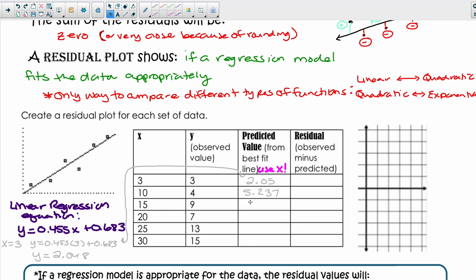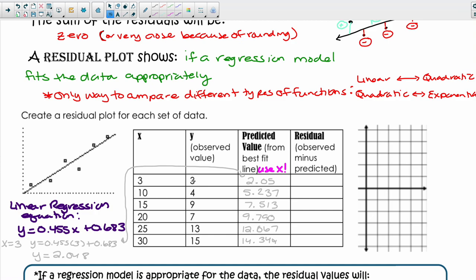I'll plug in 15, and I'll get 7.513. Then I'll get 9.790, 12.067, and then the last one is 14.344. And as you can see, the predicted values are slightly different from the observed.